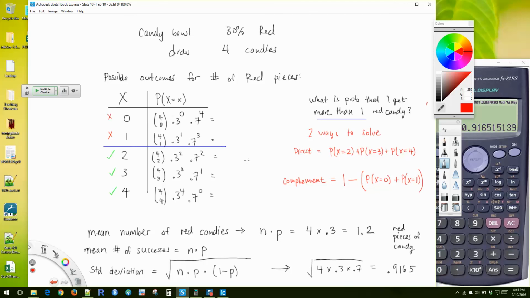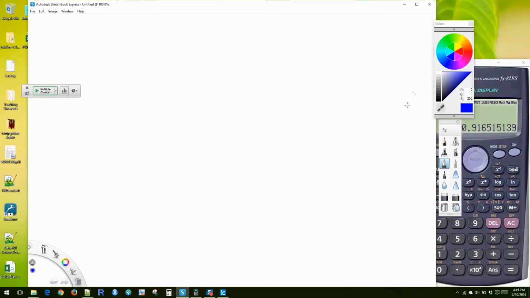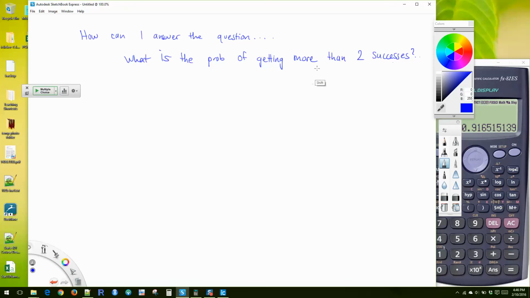Okay, so this will lead us to our last clicker question. If I may flip the slide, okay. All right, so how can I answer the question: what is the probability of getting more than 2 successes? Okay.